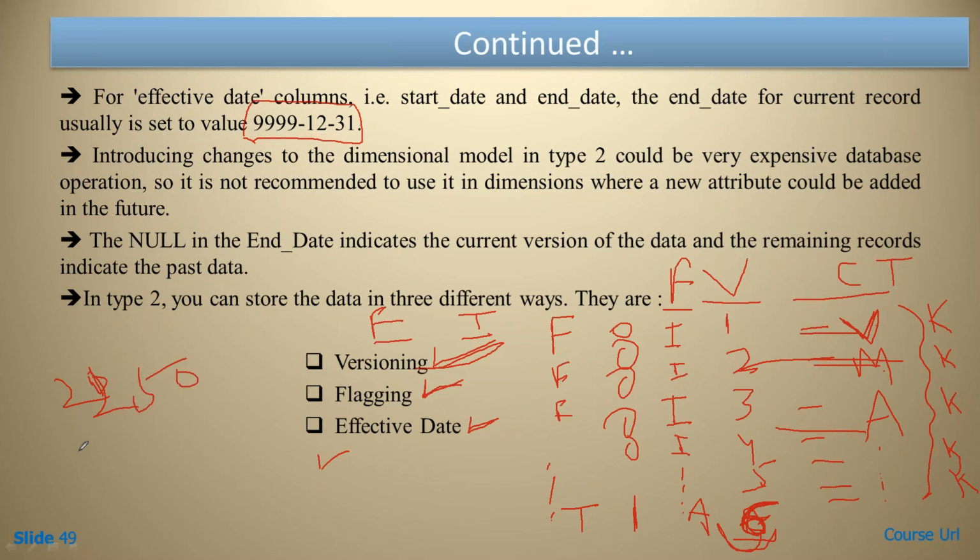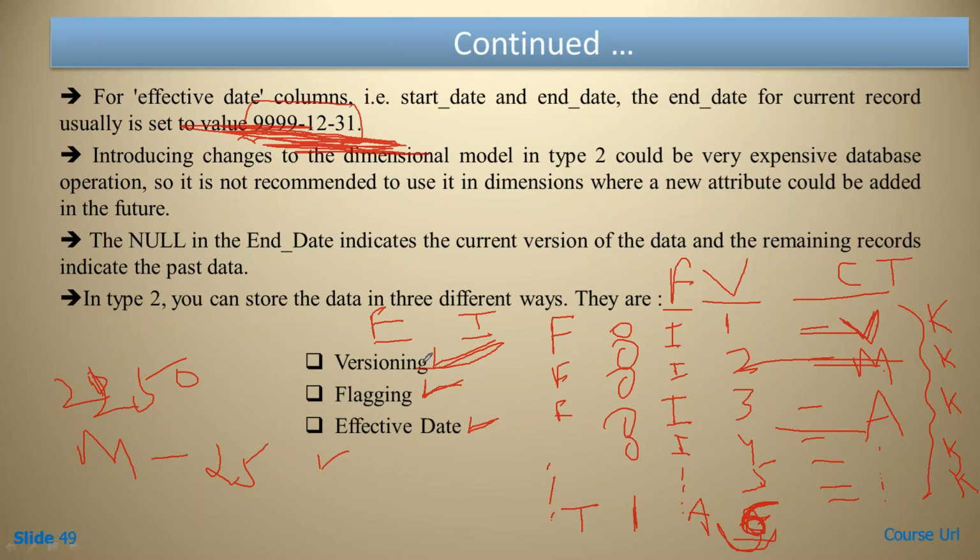Any random date and month they are also giving, like May month 25. That is fine, but as per the rule, we should give this one. In many projects they are not referring to the rule and they are giving any future date. Okay, that is fine.